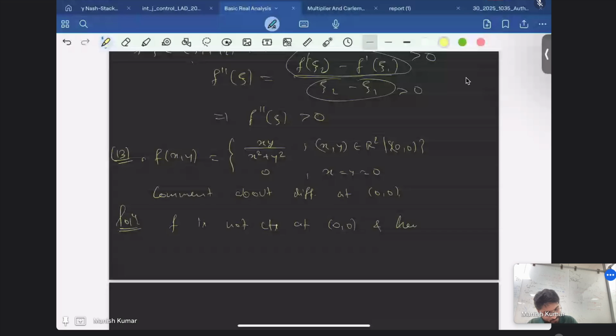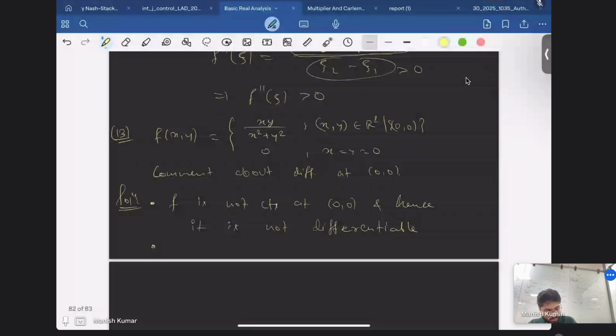Okay. Now what about the partial derivatives at (0, 0)? Will they exist? They are all 0. So this was an example of a non-differentiable function whose partial derivatives exist.